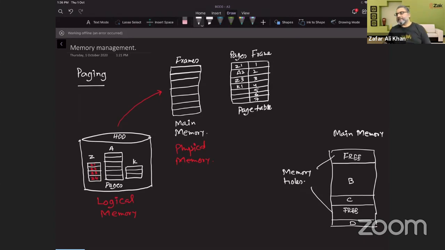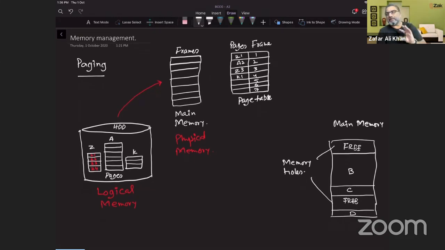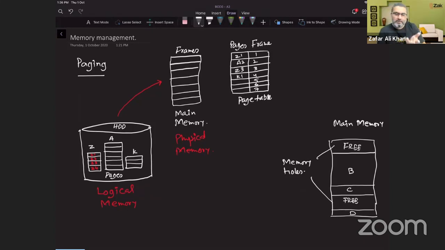Now what you need to understand is that programs are kept loading and deloading by the operating system. As and when they are required by the user, they are loaded, and when the user has asked them to be closed, they are closed. So this loading and deloading leaves a lot of memory holes in the memory.